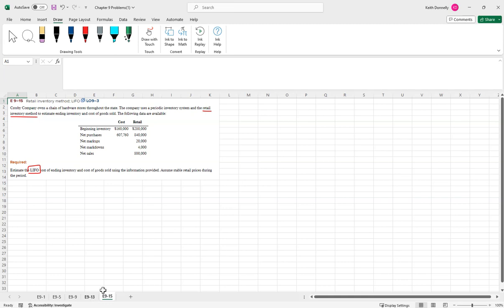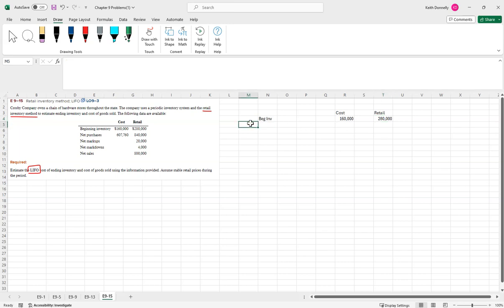Okay, so we're going to have, again, our cost column. We're going to have our retail column. We can start here with our beginning inventory, just snagging the numbers from over there. 160, retail, 280.